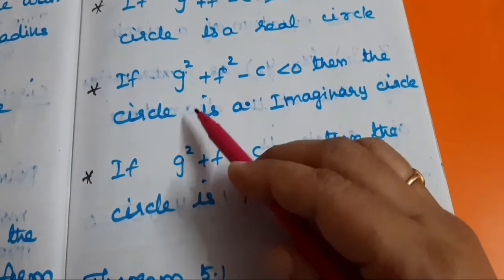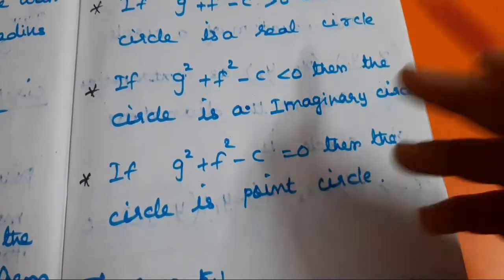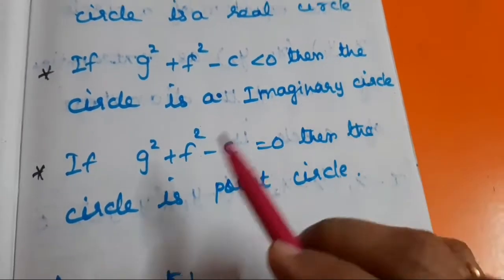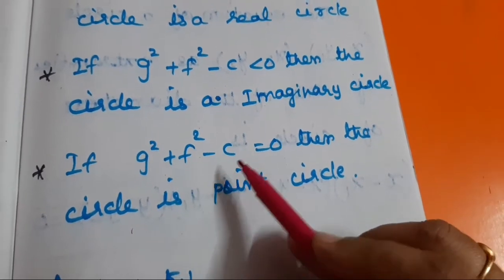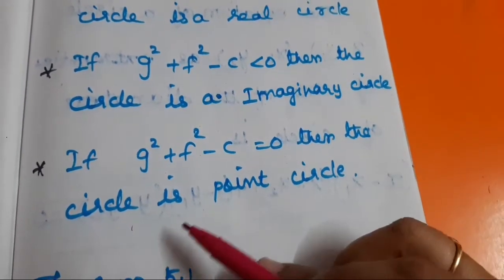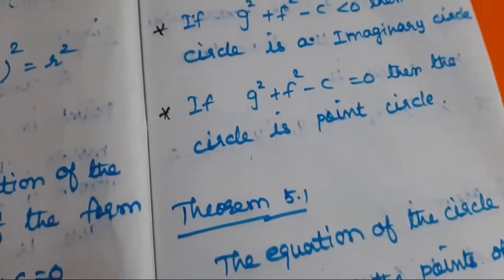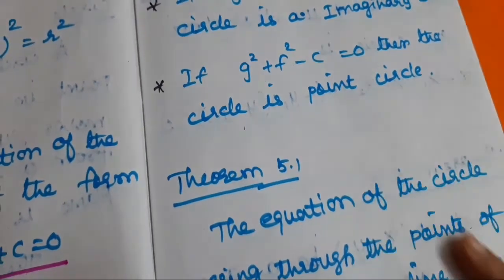If g square plus f square minus c is less than 0, that is a negative value, then the circle is an imaginary circle. If g square plus f square minus c is equal to 0, then the circle is a point circle. So these are all the definitions we should keep in mind while doing problems.